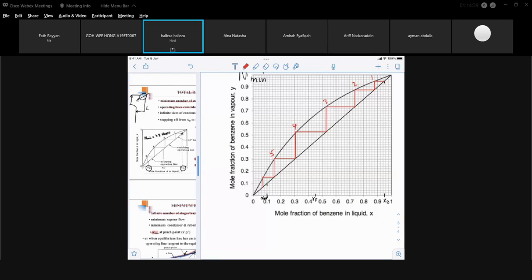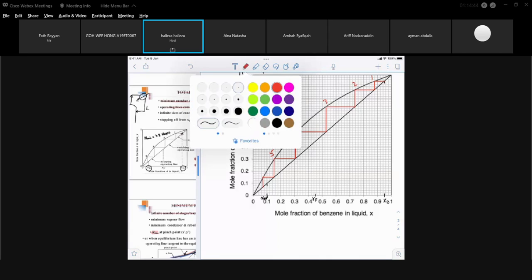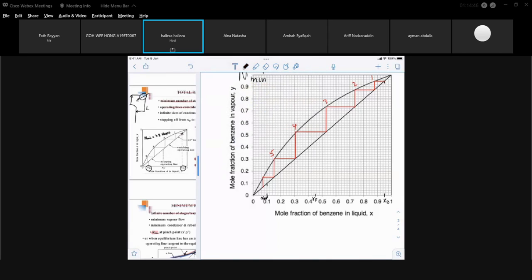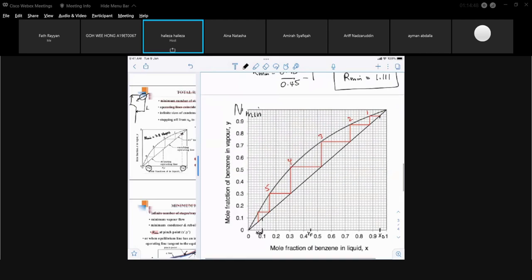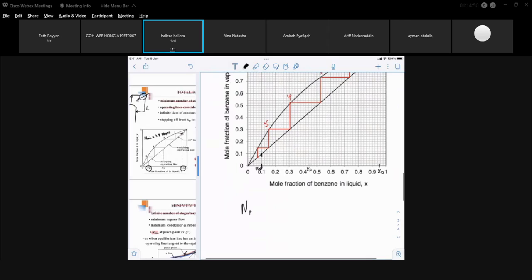It's about 5.6 maybe. So my minimum number of stages, N min, is about 5.6 stages. Let's look at the solution in the textbook. What the textbook got? 5.8. Okay, that's not far. That's about the same. We got 5.6. The textbook managed to get 5.8.